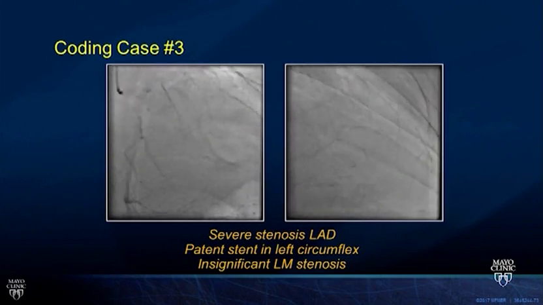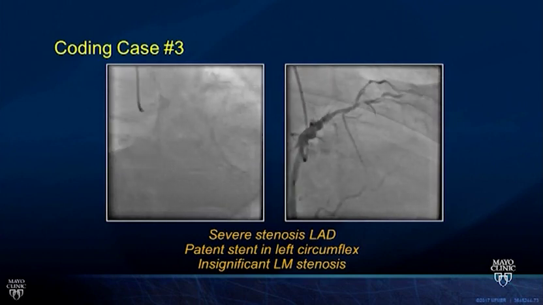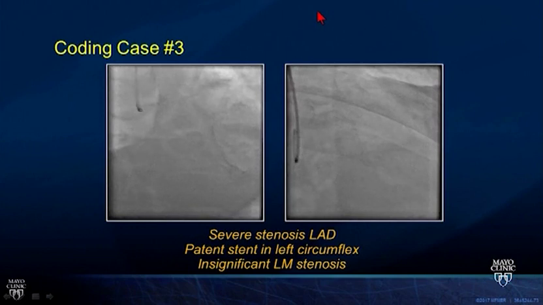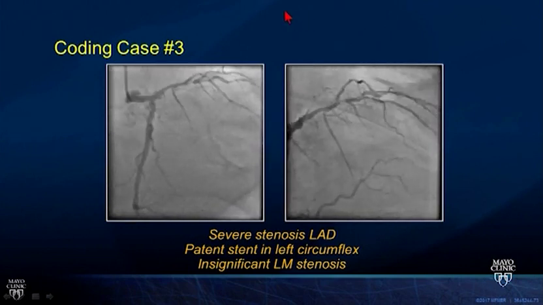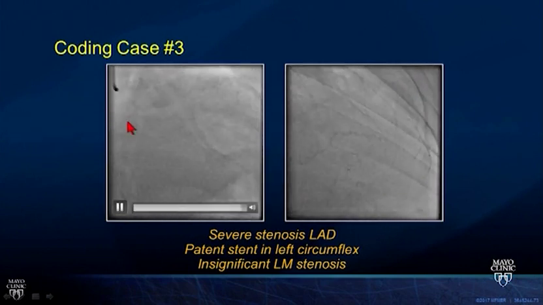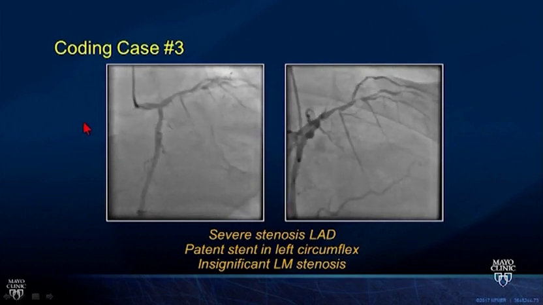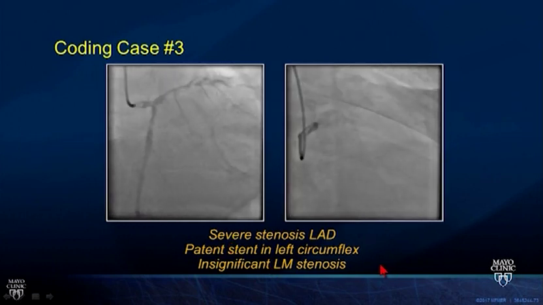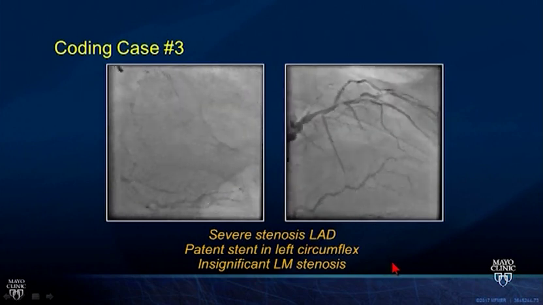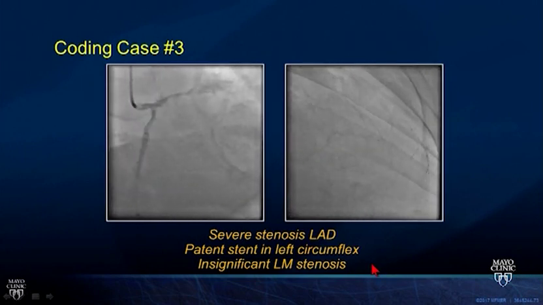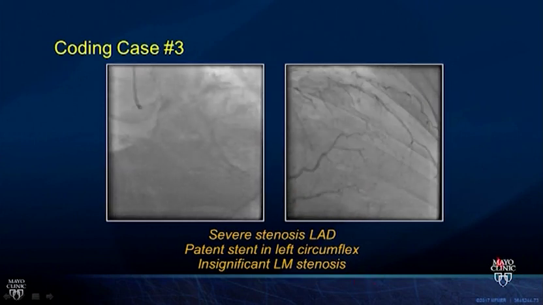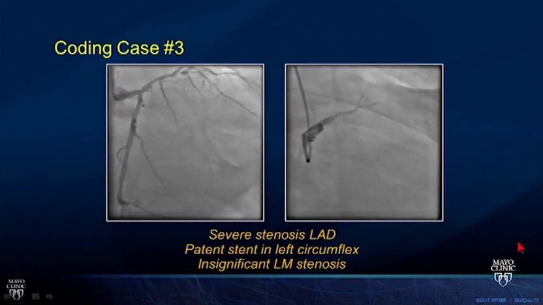And I think it's pretty hard to see that there is a stent in the left circumflex here. And I think it would be more obvious on boards. But if you look closely, you can see the outline of a stent before the dye is injected. So you could also code a patent stent in the left circumflex. And then there is some left main disease, but I thought it was less than 50% based on the angiographic appearance. So I said insignificant left main stenosis.